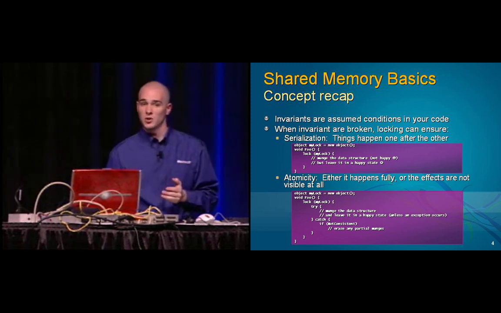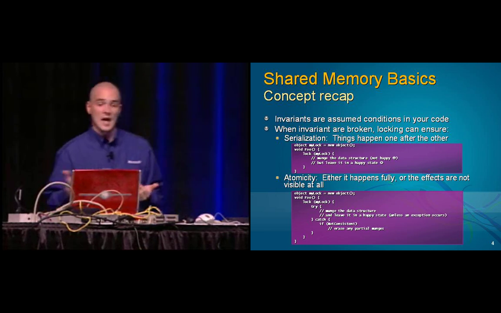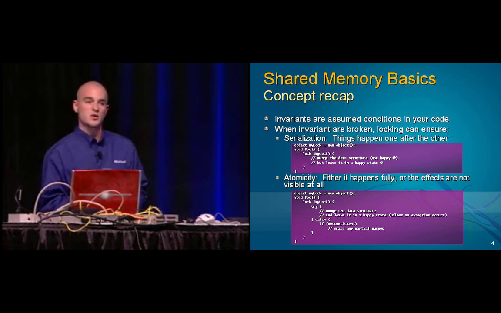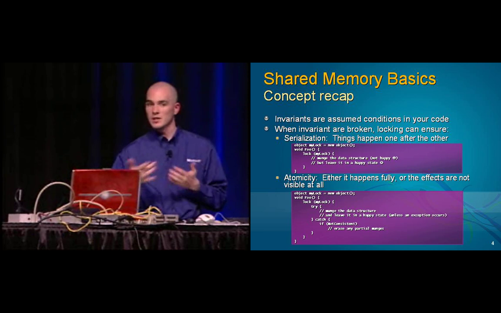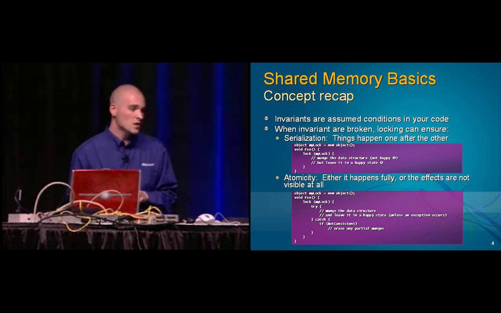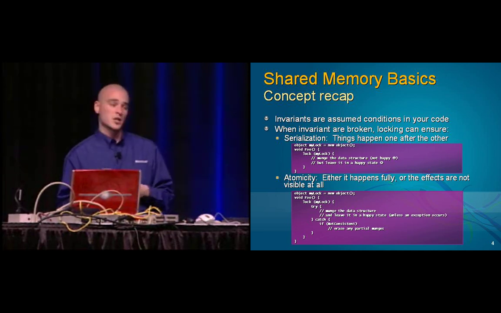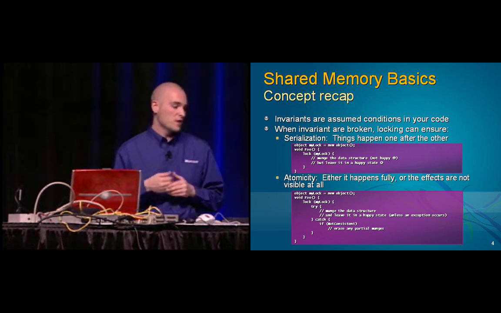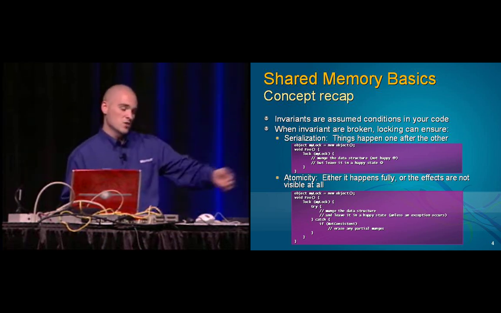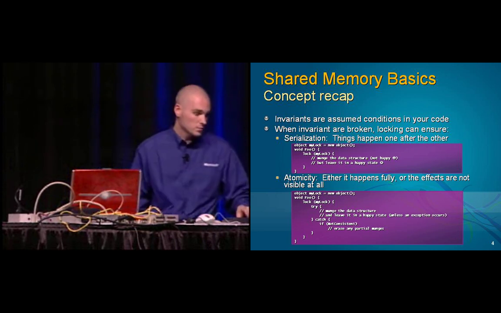If an exception occurs, well, if you haven't written a catch block or a finally block to make sure that things are okay before control transfers out of that block, well, you can end up actually leaving things in a corrupt state still. So this isn't something you get for free using locking. You actually have to be explicit by using try and catches in a fairly simple manner, as demonstrated by the second block, within your lock block.